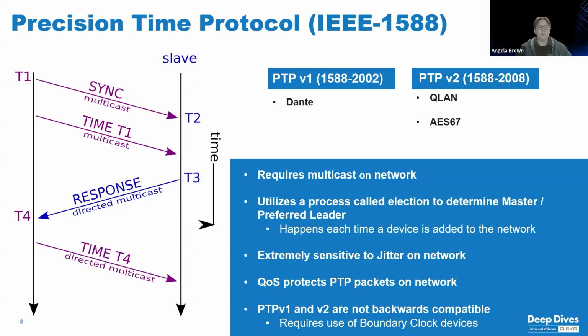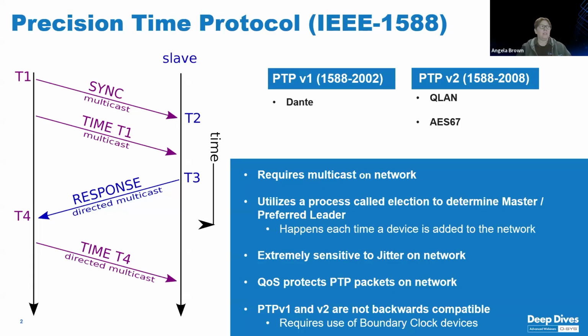Getting into actual PTP, it requires multicast on your network. So the PTP traffic is multicast traffic. There are currently, like I just said, 2 versions, PTP v1 and PTP v2. PTP v2 is not backwards compatible. These are 2 separate and independent things that have had to learn to get along together.